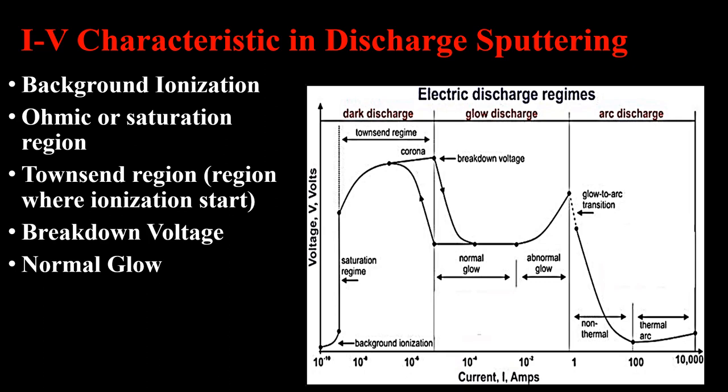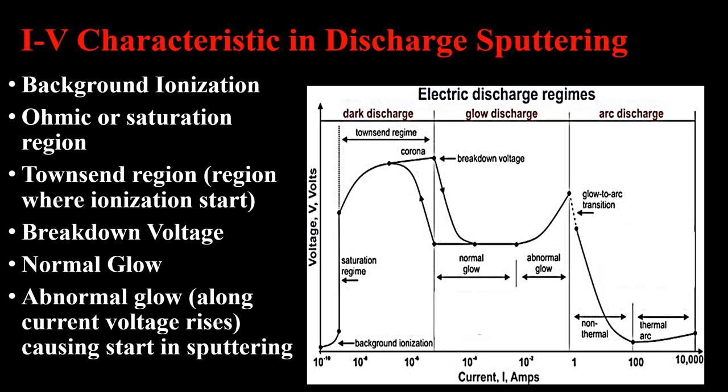After the Townsend region, at a specific voltage, the current will remain and will increase. However, when the current reaches a certain limit, the abnormal region starts, where there will be an increase in the current and voltage, and this is the region from where the discharge, or the sputtering of the source material, will start.